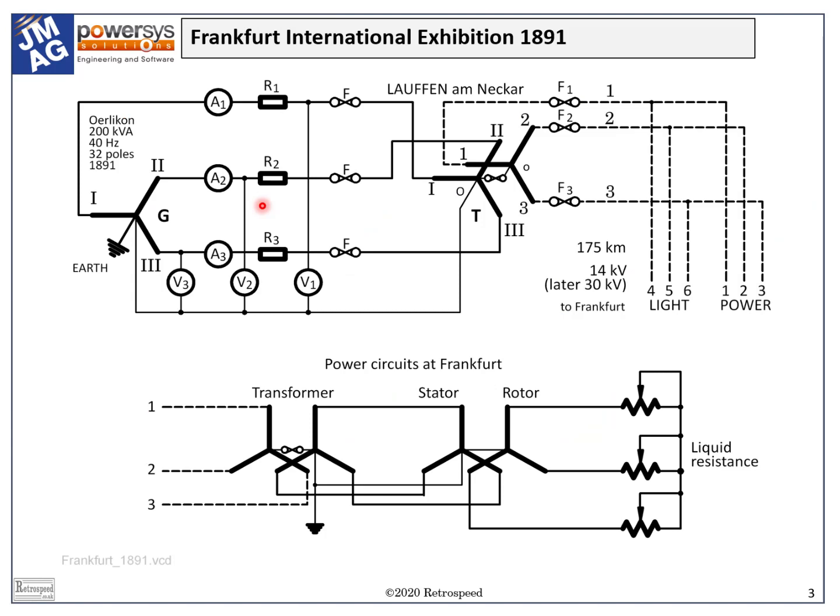We can see generators, a mixture of loads including lighting and induction machines, cables, transformers, fuses, meters, and switchgear, all in a 3-phase circuit running at up to 30,000 volts and stretching over 175 kilometers from the hydroelectric generating station at Laufen am Neckar, a tributary of the river Rhine.